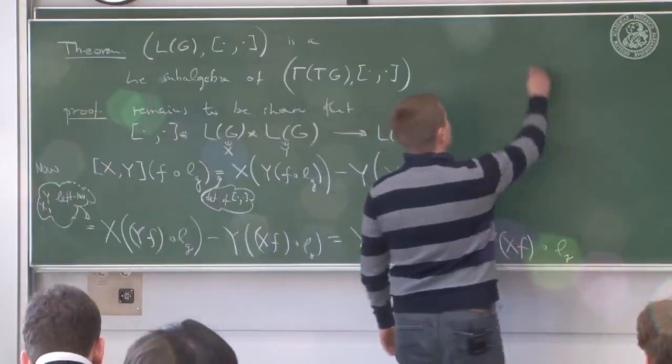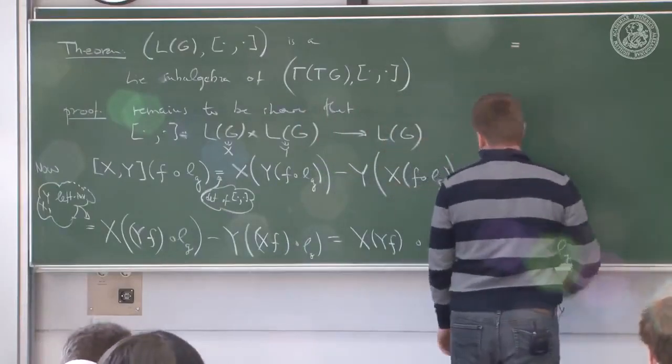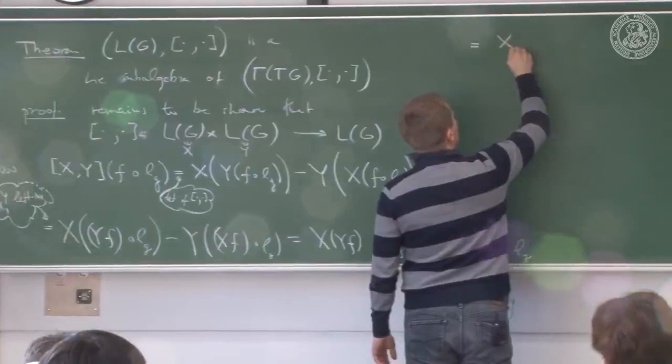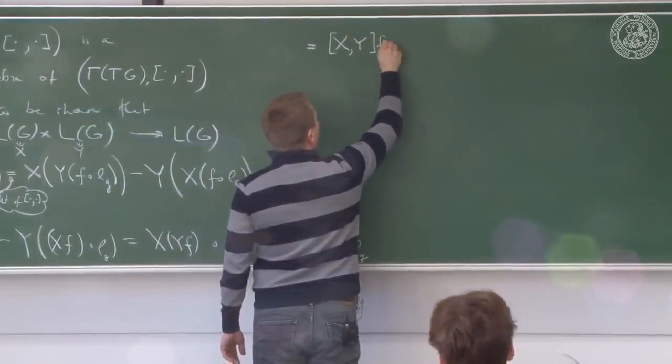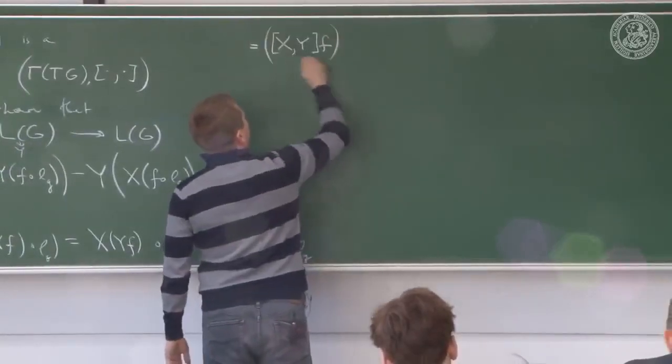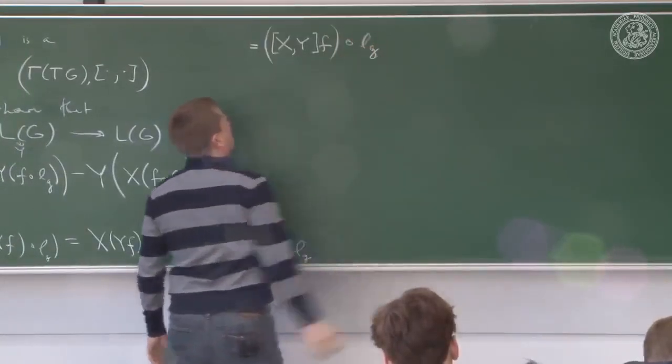But that's simple, because this is nothing but x comma y acting on f, and then you have Lg.